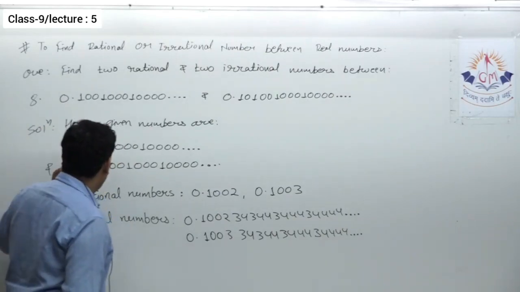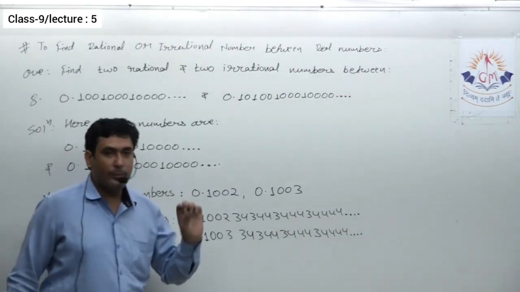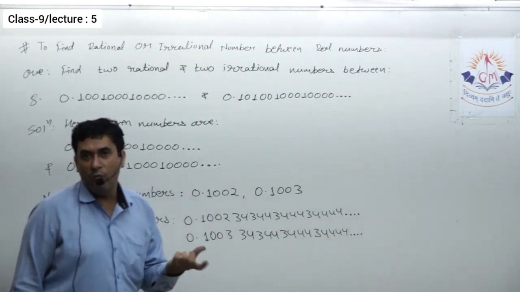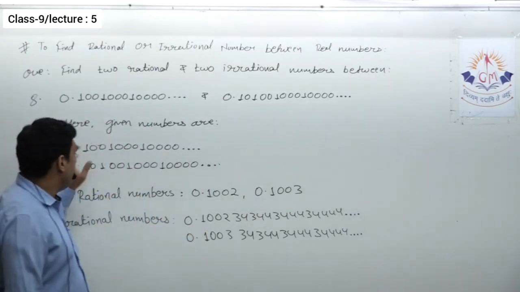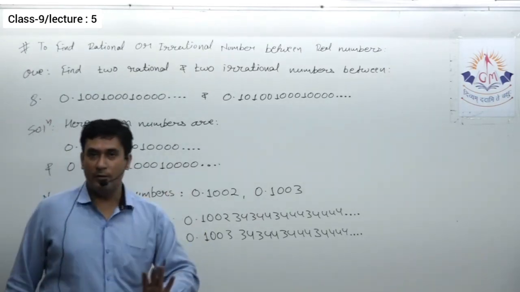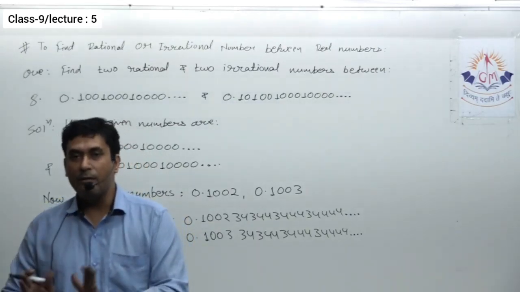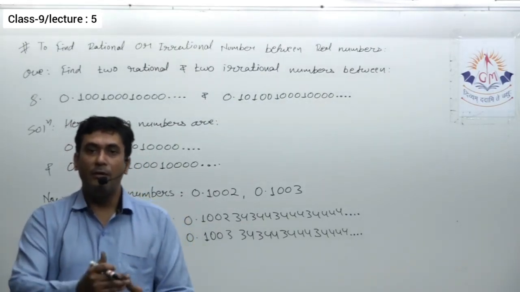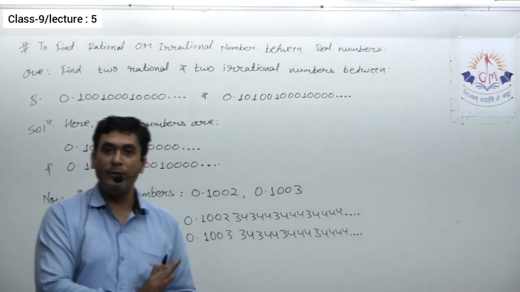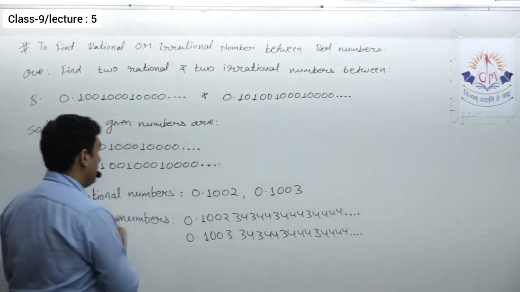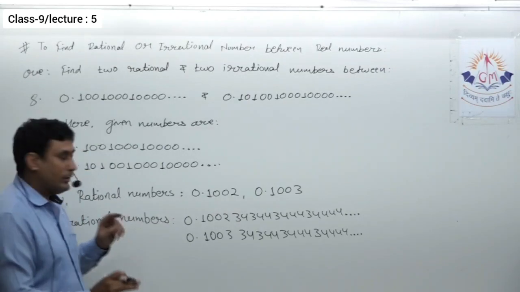So again I am repeating, what you have to do: you have to compare digit by digit, and wherever you find sufficient gap, that means when it is possible to write more than one integer between the given numbers when you read them without decimal.